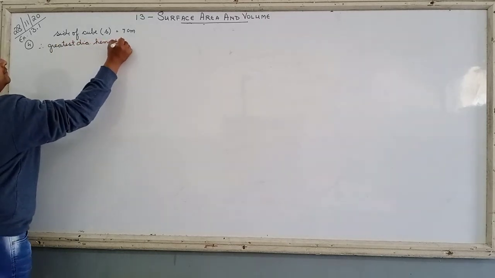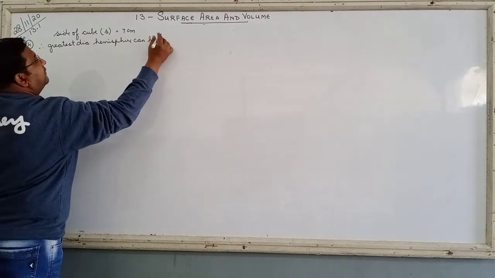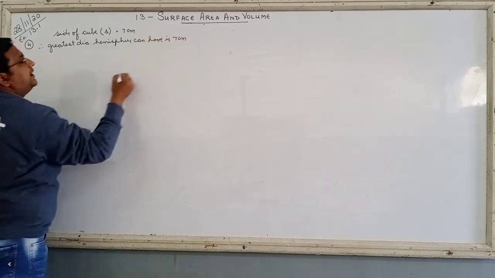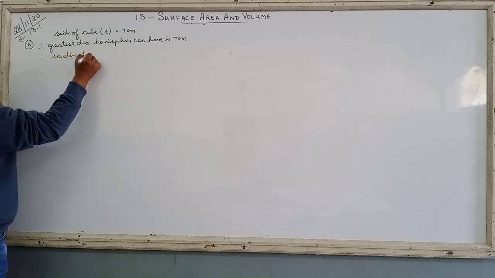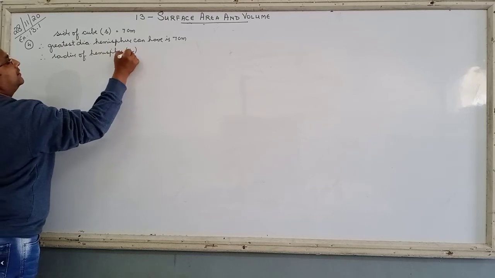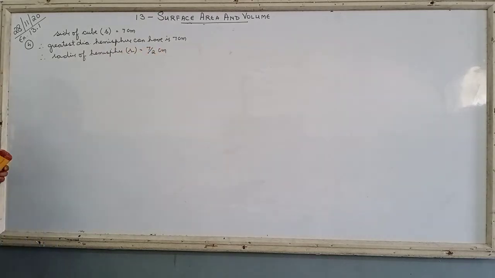The greatest diameter a hemisphere can have is 7 centimeters. So therefore, the radius of the hemisphere R is equal to 7 by 2 centimeter.